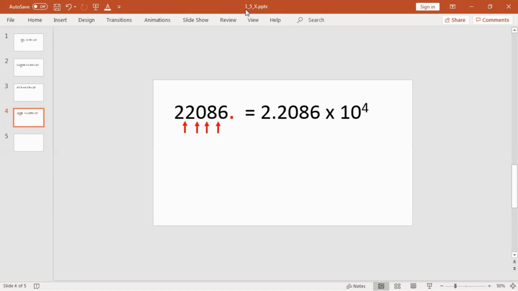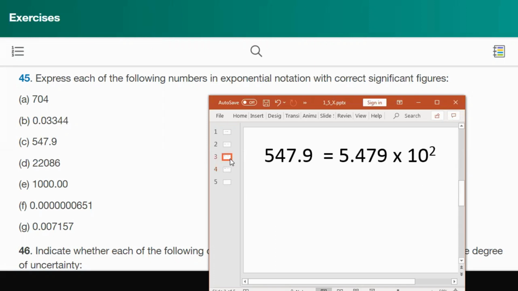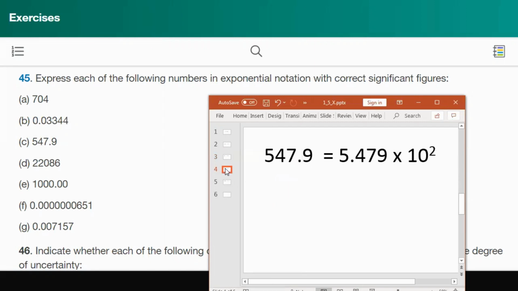So let's find another number, 1000.00. This one's going to be a good exercise right here. I'm going to skip a few steps because I don't want to be too tedious.